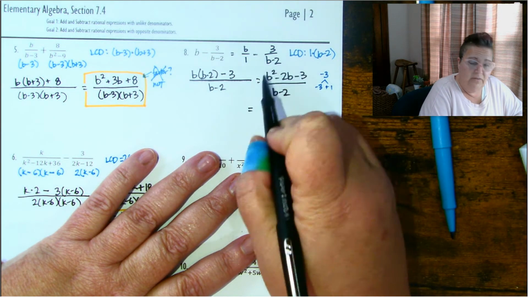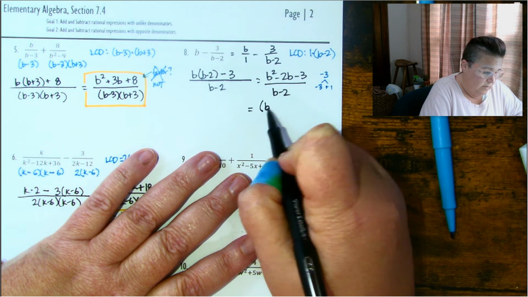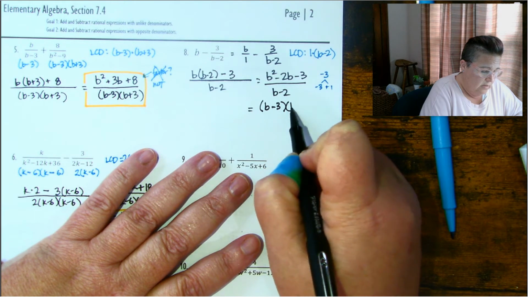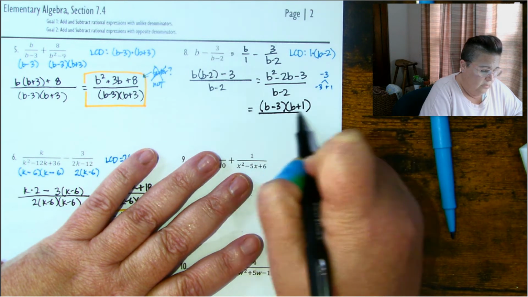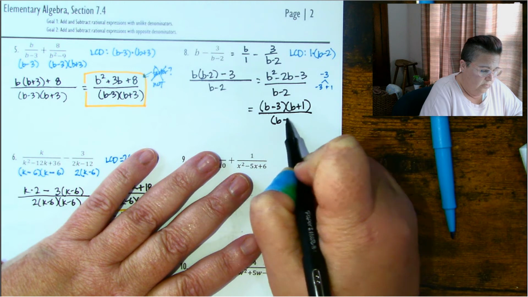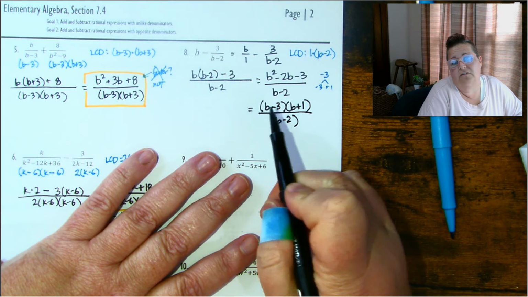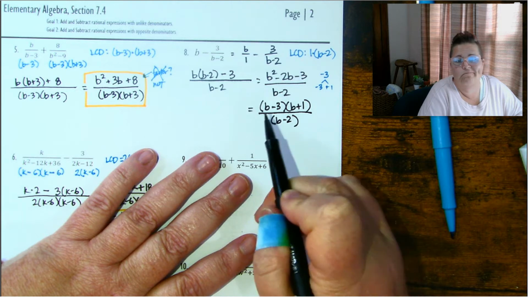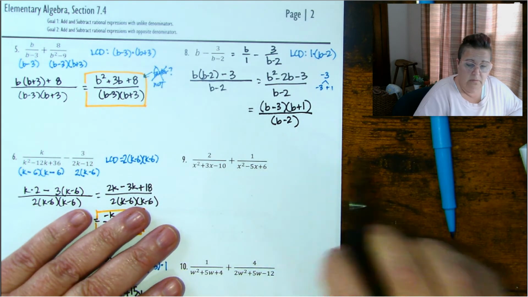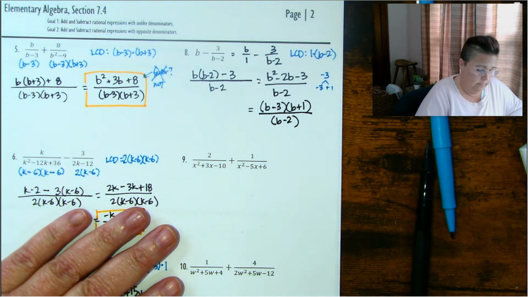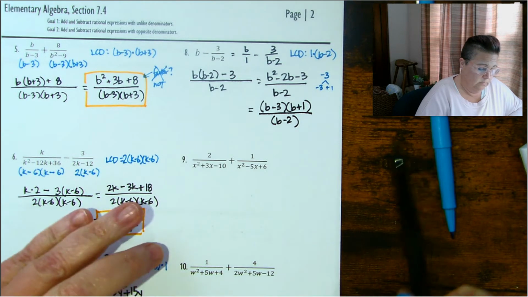So mental factoring, this tells me it will be a b minus 3 and a b plus 1 all over the b minus 2. Are any of the factors exactly the same? Nope. So I can't cancel anything. This is as far as I can go.